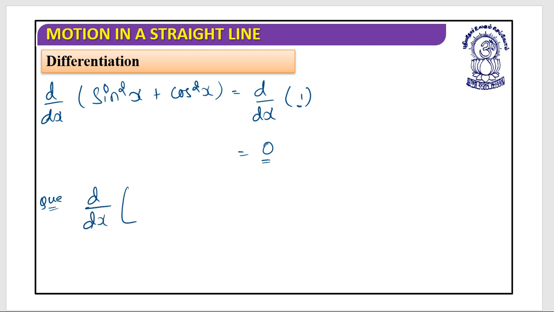This is d by dx of root x plus 1 by root x plus, let's say, cos x plus e to the power x. That's it. Do it on your own.